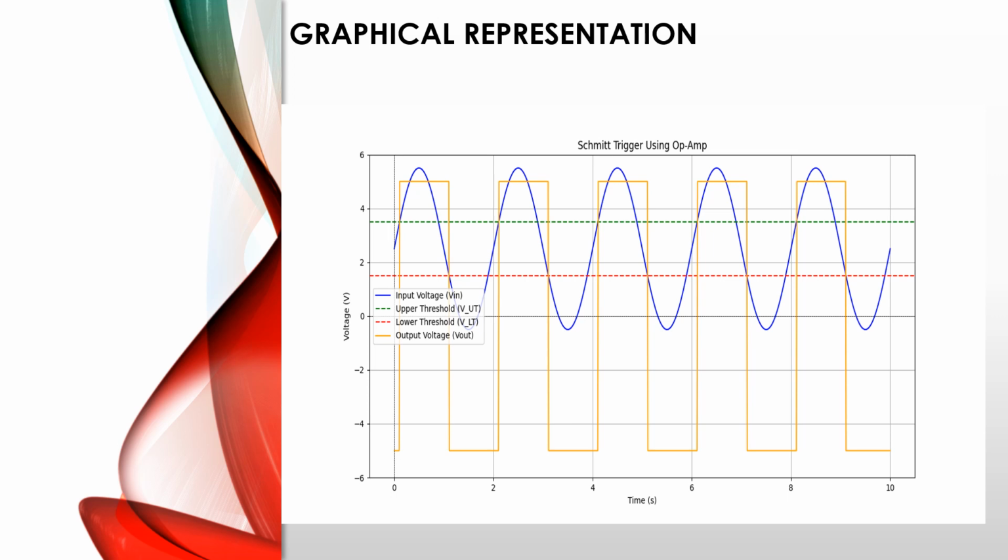There is a basic difference between a non-inverting comparator and an inverting comparator circuit. Non-inverting comparator also gives the square output. Inverting comparator also gives the square output. But in case of Schmitt trigger, we get a stable, noise-free square output.